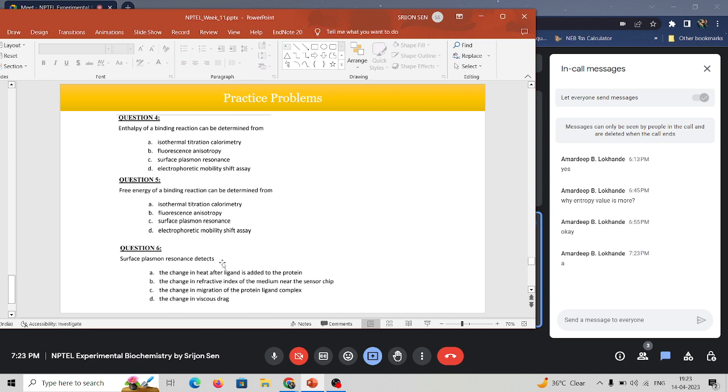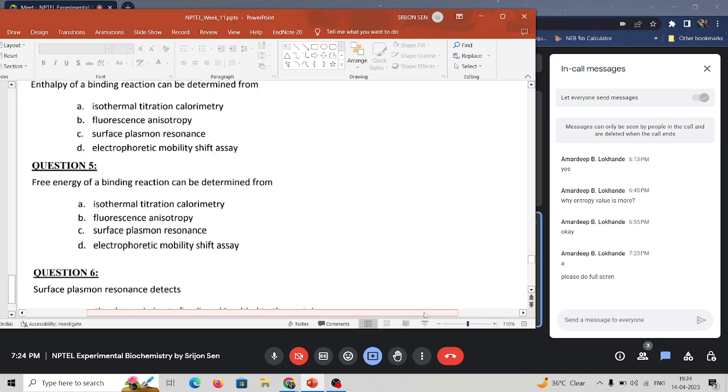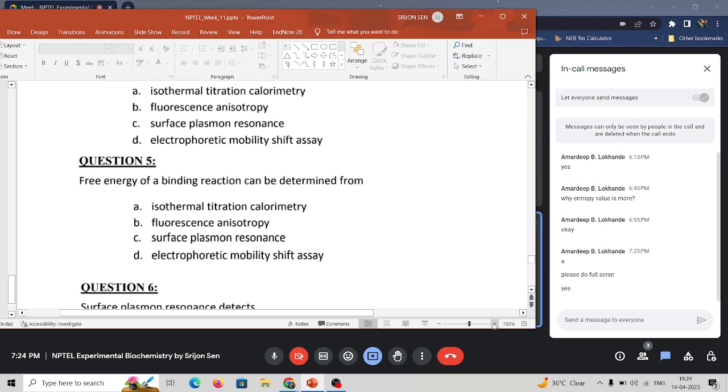The next one, free energy of a binding reaction can be determined from. Okay, I'm increasing the size. Now is it visible? Okay, tell me.